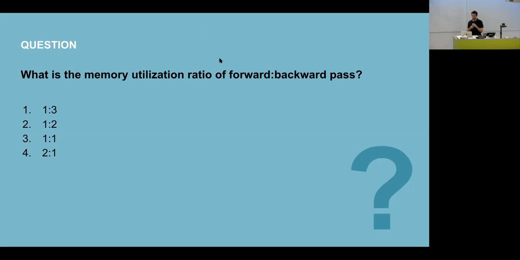Let me know what you think in terms of memory utilization. This is all we'll be talking about today: compute and memory. How fast does it run? How much memory do I need to fetch from off-chip? That's what we really care about as hardware designers for deep neural network accelerators.